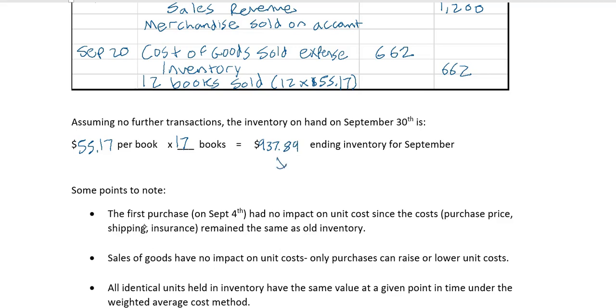So 937.89 rounds to 938. You don't have to do this on your exam, of course. You just write down 938 as ending inventory value and leave it at that. Maybe I'll add a $ sign here. Okay.